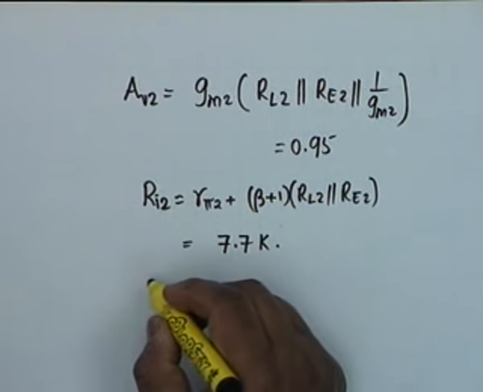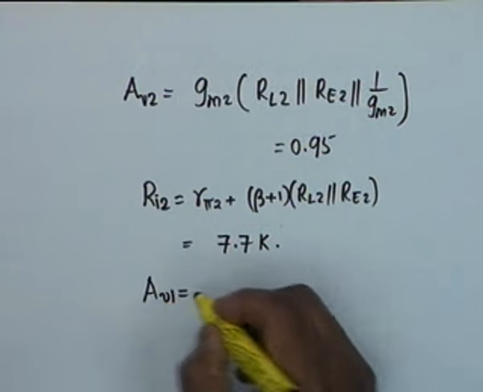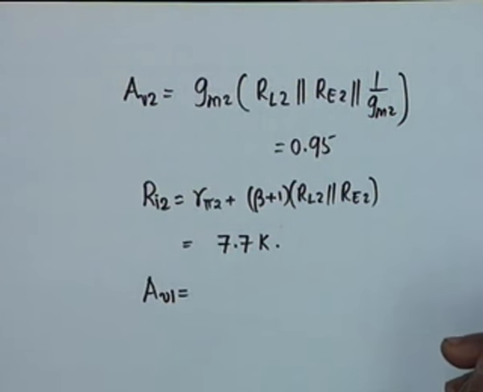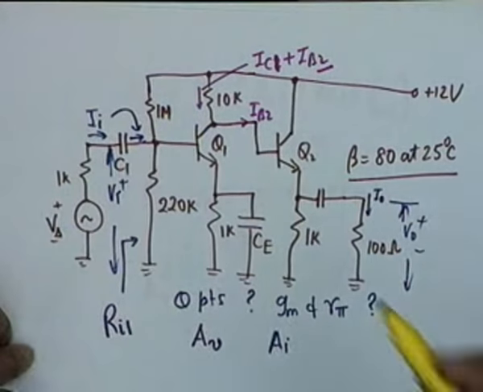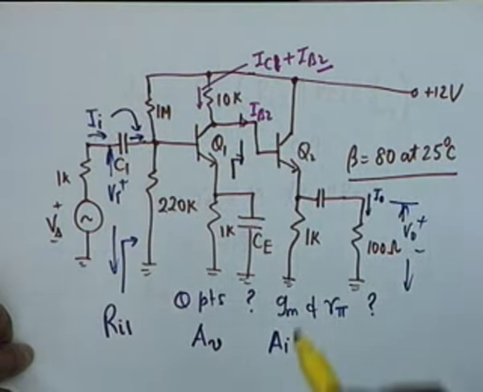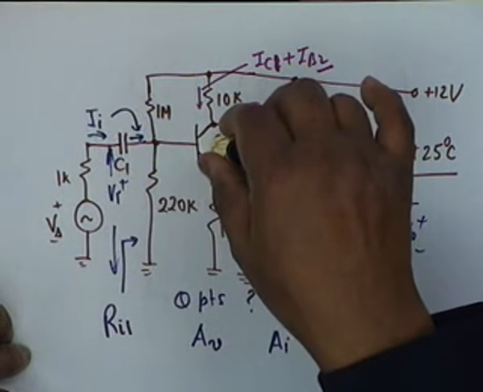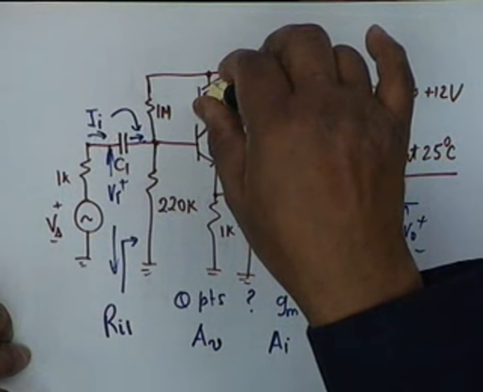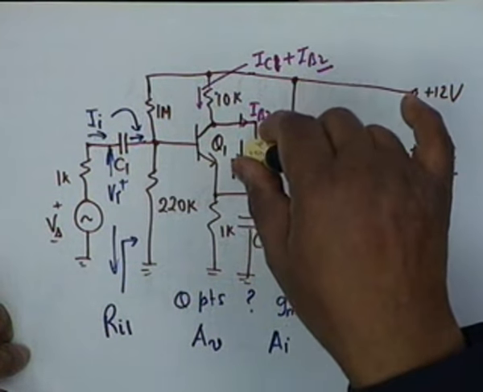If I know Ri2, then for the voltage gain of the first stage, Ri2 is here. Therefore, the effective load of Q1 shall be 10K parallel Ri2.